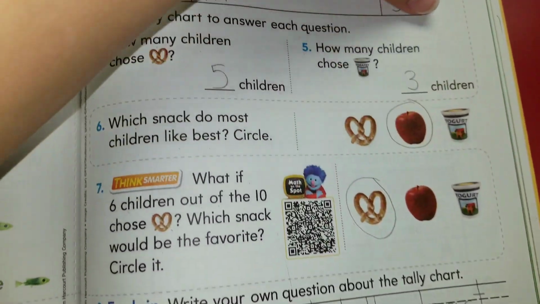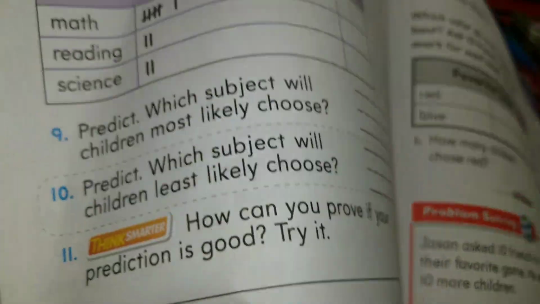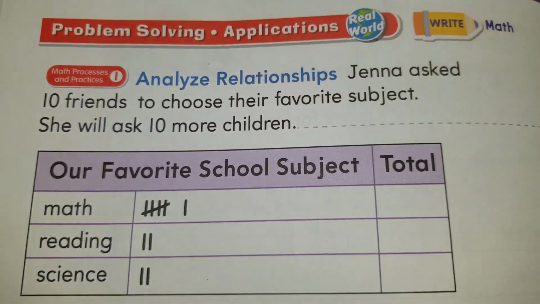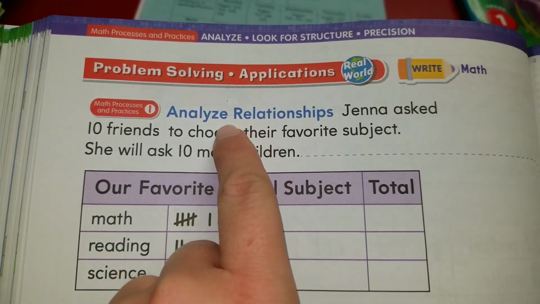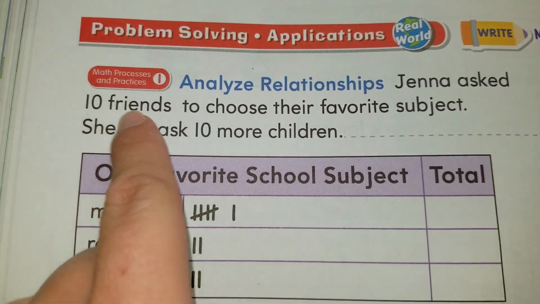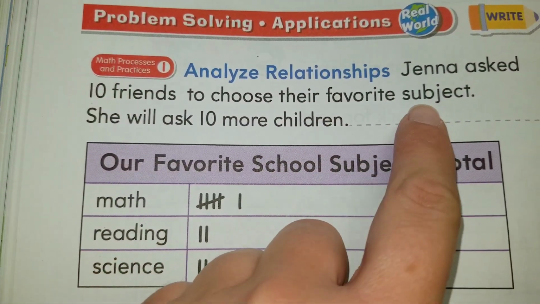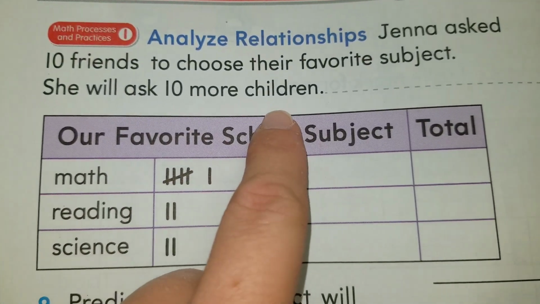So let's continue to our last page for this lesson. This is actually the last page of the lesson, but we still have the math homework page. And it says, analyze relationships. It says, Jenna asked 10 friends to choose their favorite subject. She will ask 10 more children.